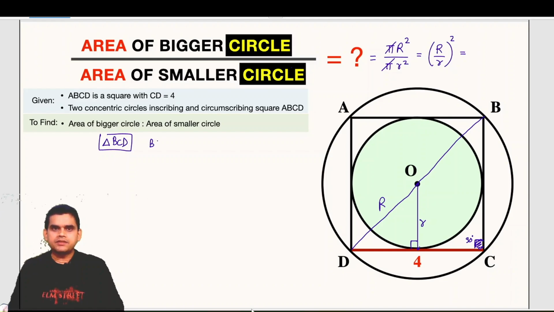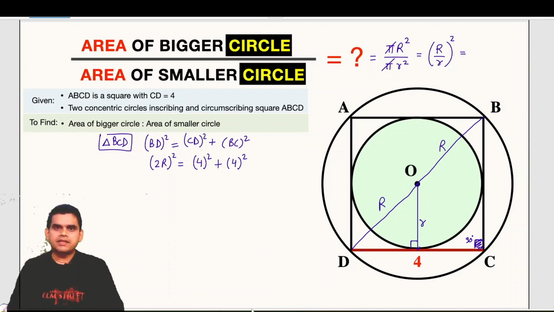So BD square will be equal to CD square plus BC square. BD is twice the radius, twice the capital R. So we can write twice capital R whole square is equal to CD, which is 4 units, plus BC, which is also 4 units because it is the side of the square.